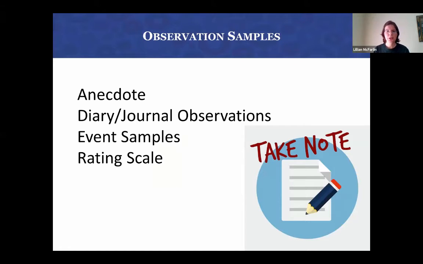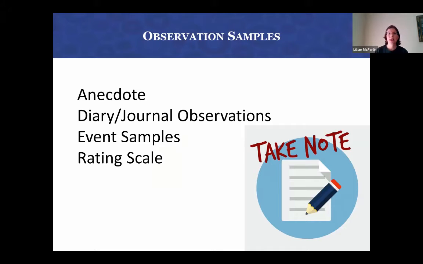So, observation samples. And in your book, they have a lot of different ways that you can observe listed out. Page 484 and 485, they actually have a table about the different kinds of observation. The first one that is very common is an anecdote.